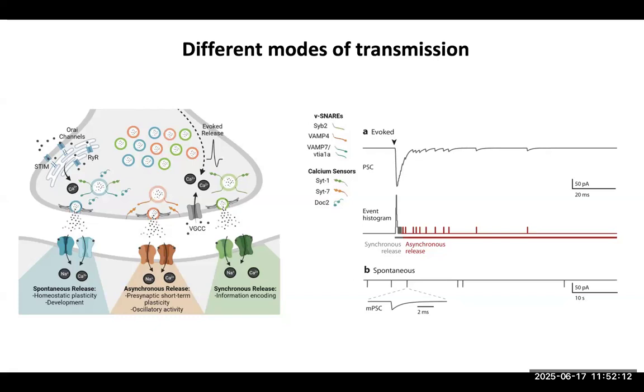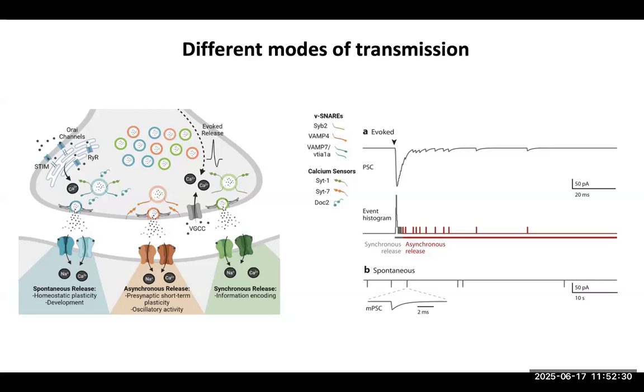I'll not go into the detail of how that happens, but it has to do with the calcium nanodomains and the delay in how the calcium diffusion happens in the presynaptic terminal.